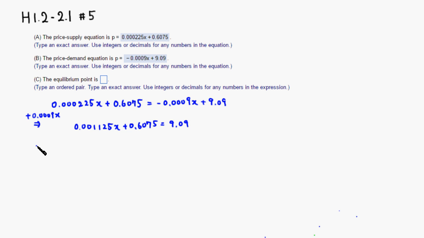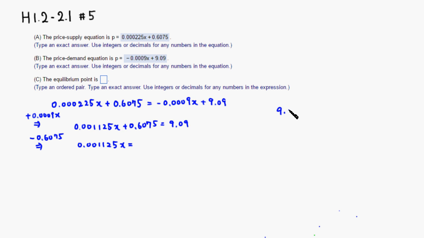Then I'm going to subtract 0.6075. We get 0.001125x is equal to, so what's that? The 9.09 minus 0.6075.